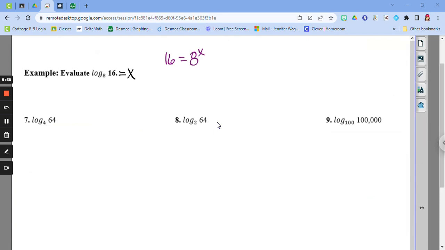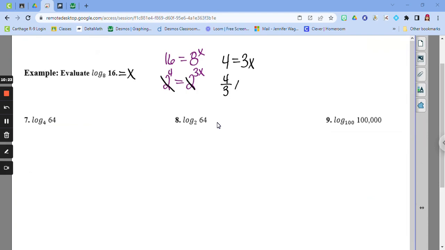So 16 and 8 can come down to what base? 2. Yes. So 16 is 2 to the 4th. 8 is 2 to the 3rd. Now that they're the same base, I can drop the base. 4 equals 3x.